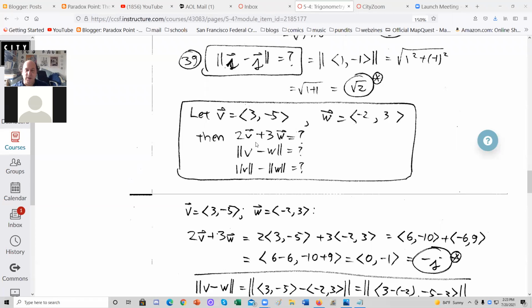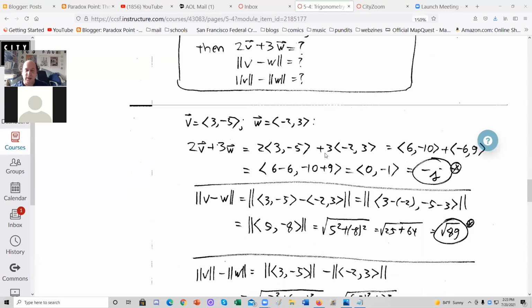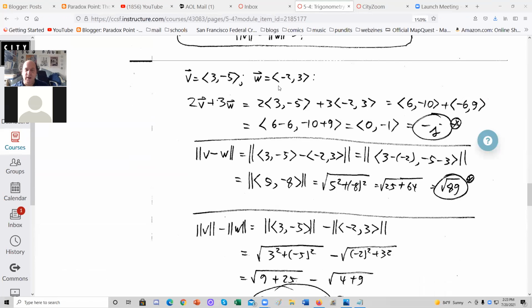2v plus 3w. Well, so let's look at this again. Here's v, 3 by -5. w is negative 2 by 3. 2v plus 3w is twice 3 by negative 5 plus 3 times negative 2 by 3. Twice 3 by negative 5 is 2 times 3 is 6, by 2 times negative 5 is negative 10: 6 by negative 10. 3 times negative 2 by 3: 3 times negative 2 is negative 6, 3 times 3 is 9.